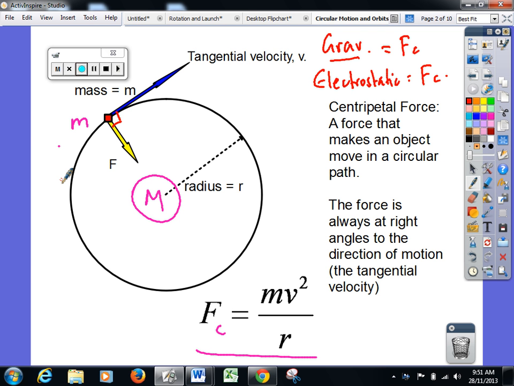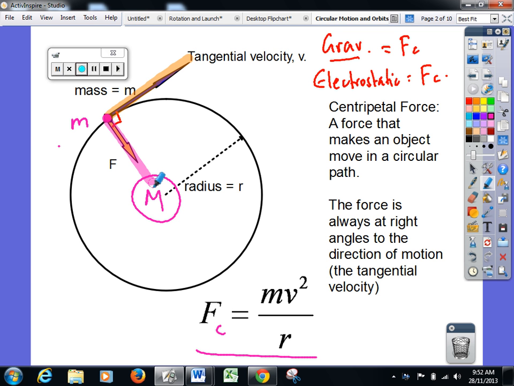So here, an object moves with this tangential velocity. This is the direction at any time that the mass is moving in. At the same time, it is pulled in towards the centre, and the angle between those two is 90 degrees.